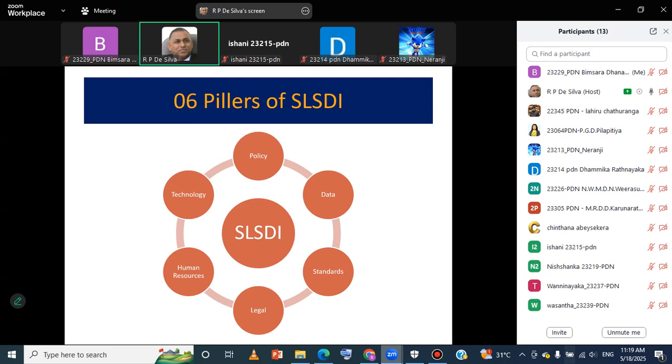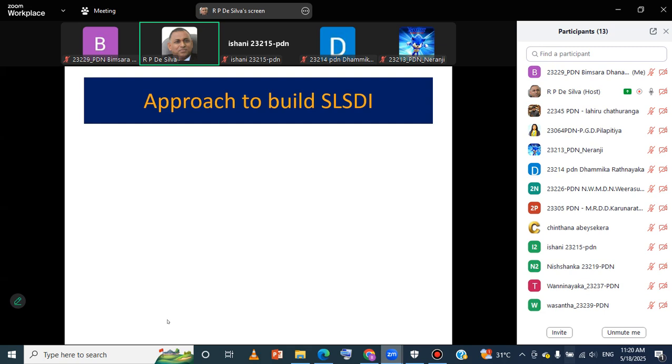So the basic pillars of SLSDI: we need to have a policy, you need to have technology, you need to have data, you need to have human resources, you need to have standards, you need to have strong legal support. All these things will come together and produce a strong SLSDI.